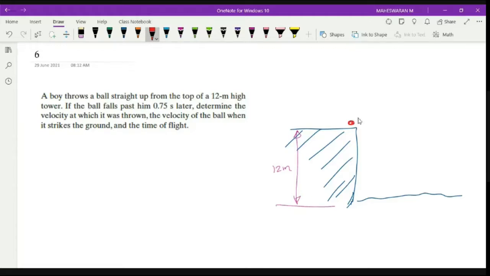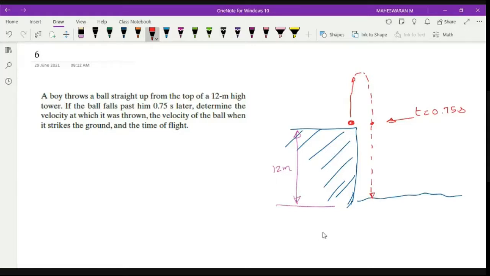Let me consider that it is straight. When he throws, it goes up and again falls down. When it passes him, the time taken is mentioned as 0.75 seconds. Then it goes and hits the ground.